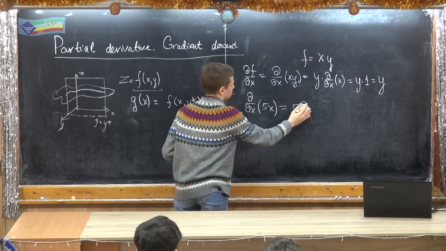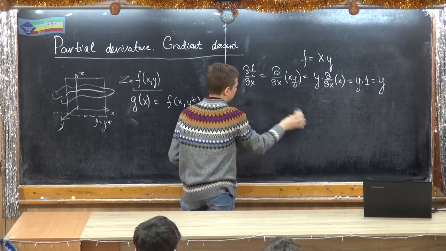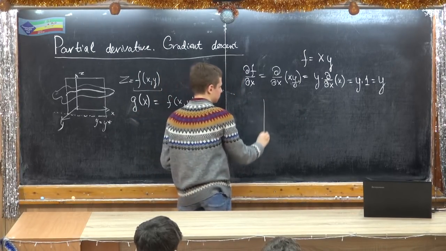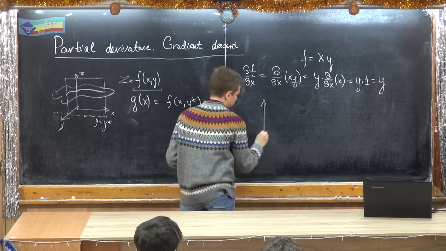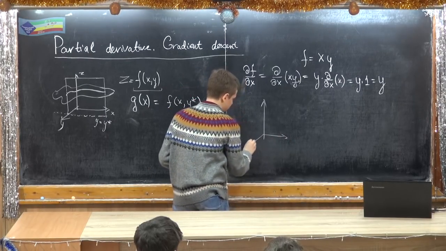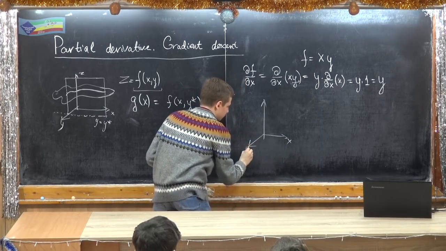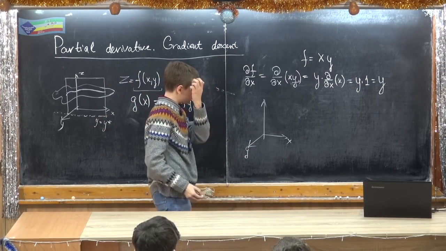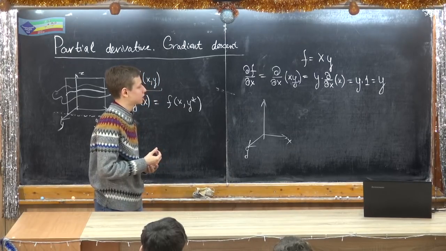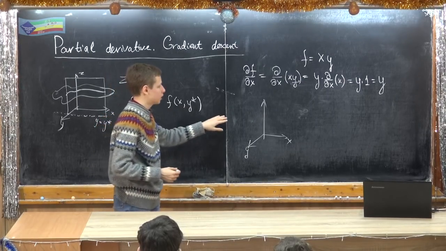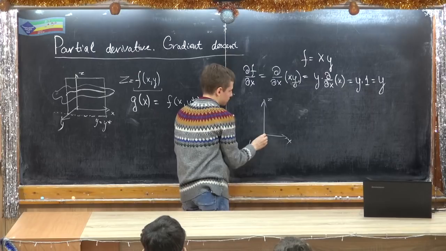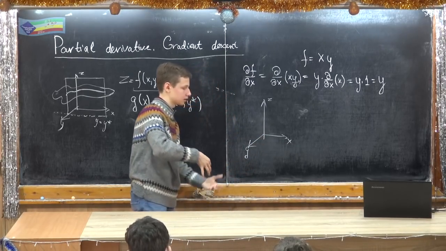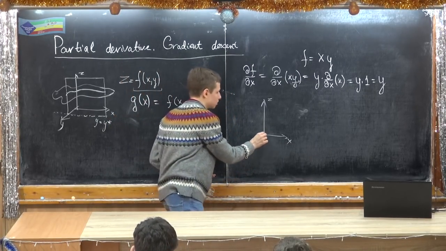That means that if we actually build a graph of the z function, a 3D graph, it will look like some kind of ball.